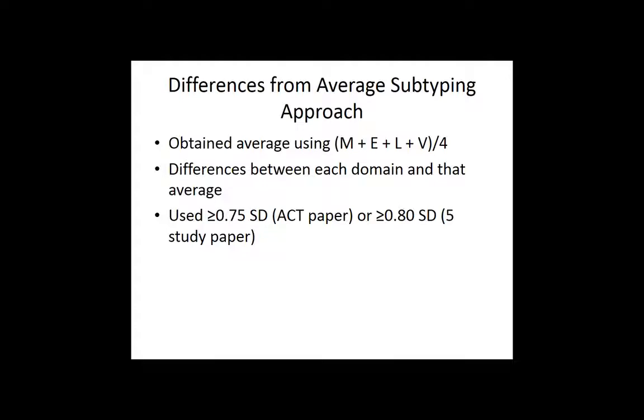It's similar in a lot of ways to the idea of expected and observed. So we expect everybody to have their own individual average level of cognitive functioning, and some domains are quite a bit lower than what we expect. And we identify those domains.